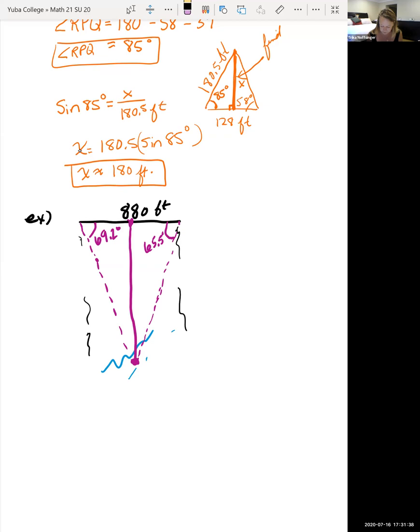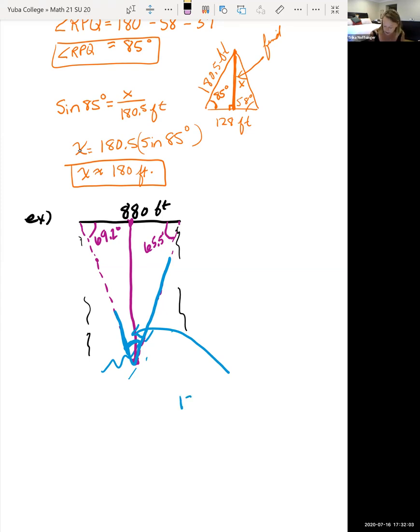Okay. So we could figure out what this bottom angle is in here, because we know that the sum of all three angles of the big triangle right here has to be 180.